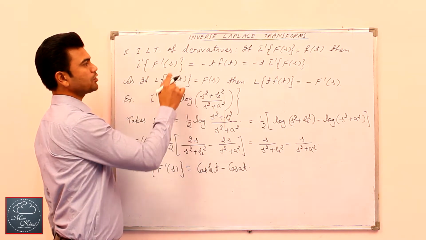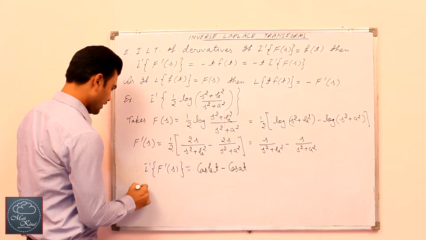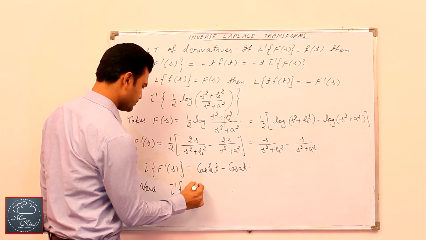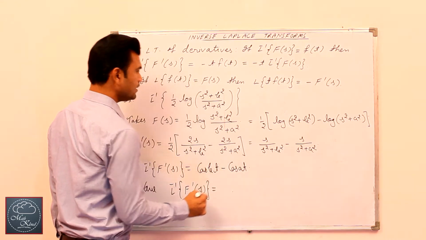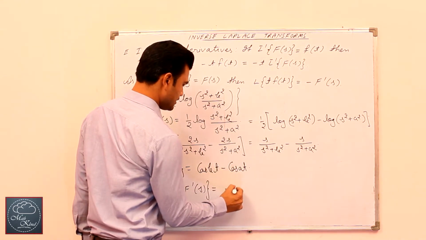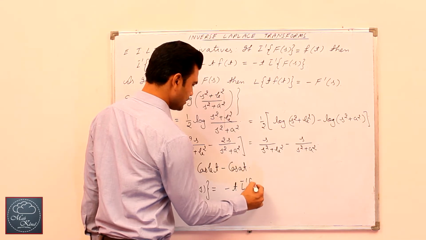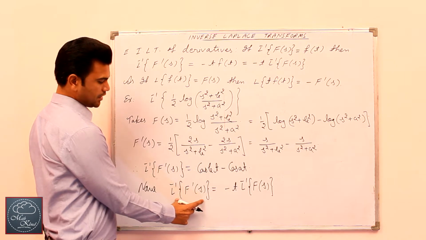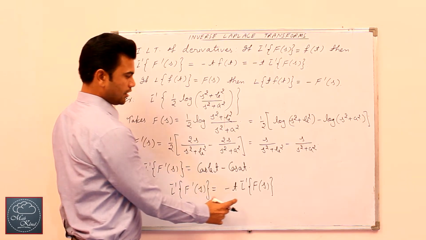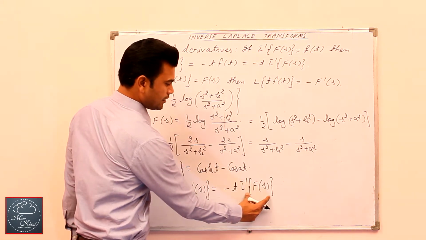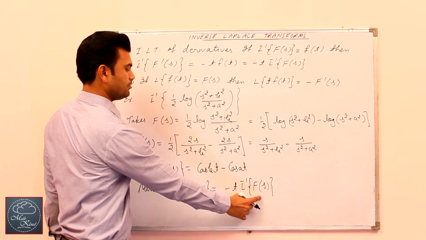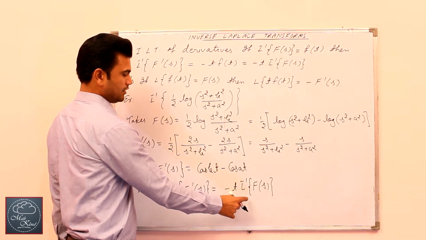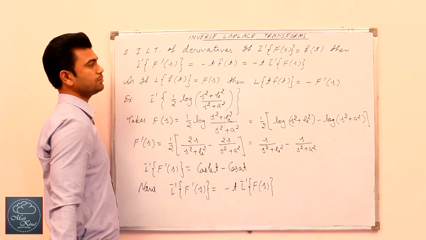Now use this property. We have that the inverse Laplace transform of F dash(s) is equal to minus t times the inverse Laplace transform of F(s). Now this part is known to you, and our aim was to find the inverse Laplace transform of F(s).